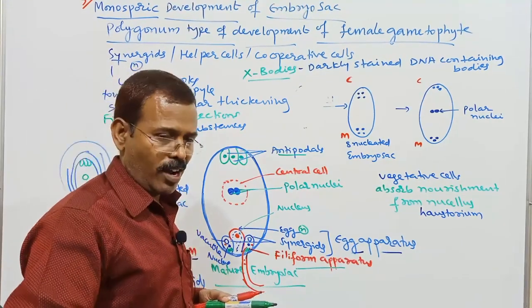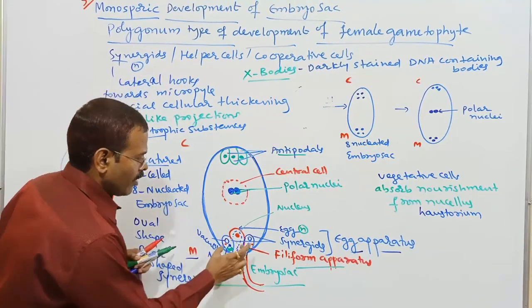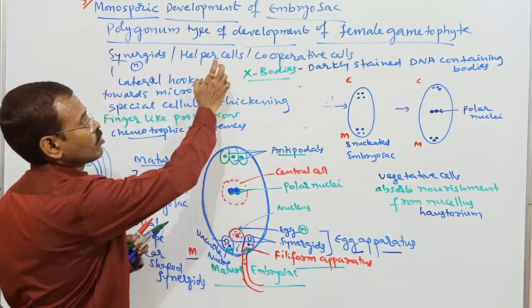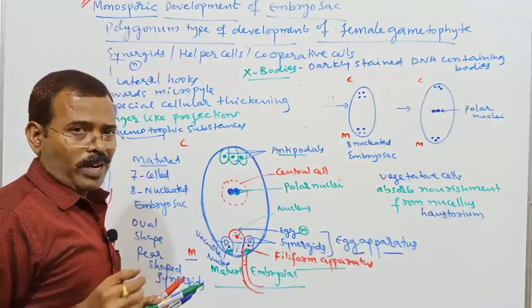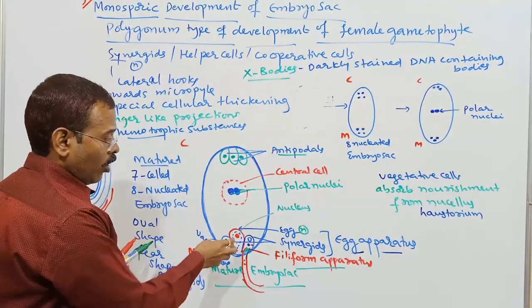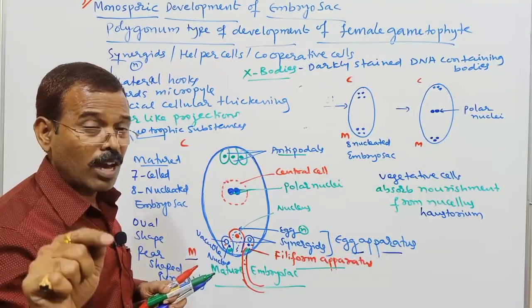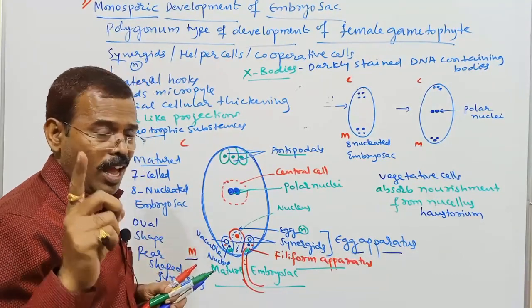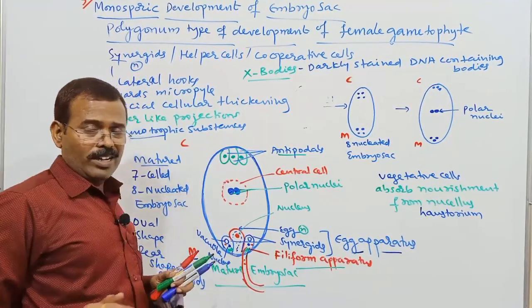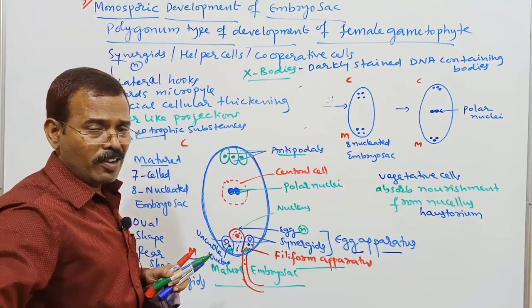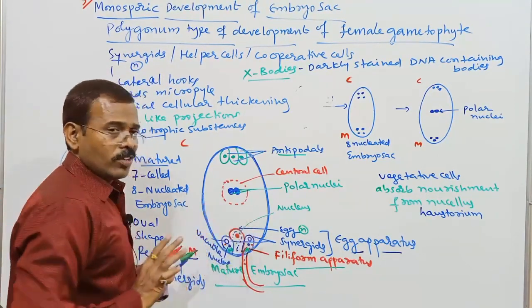So that is the role of the synergids, helper cells or cooperative cells. They also absorb nourishment from the nucellus, and the filiform apparatus of the synergid guides the pollen tube entry into the embryo sac or into the synergid.